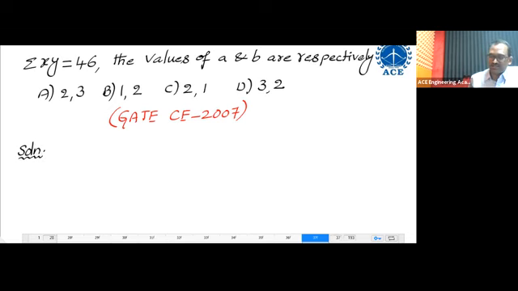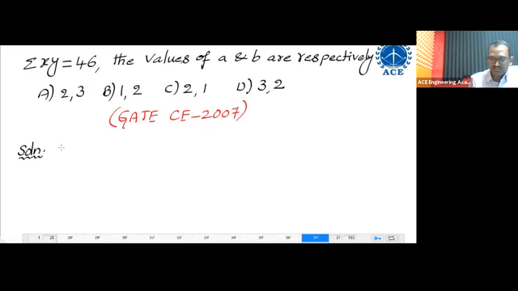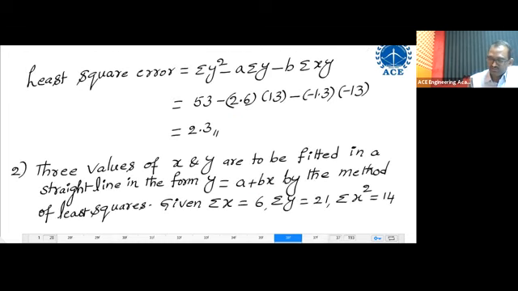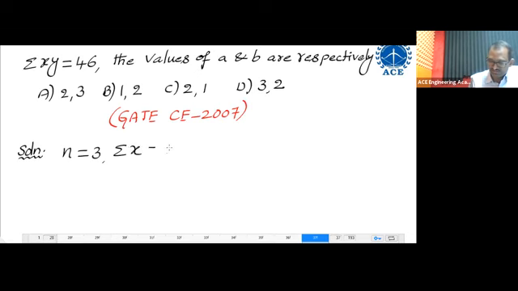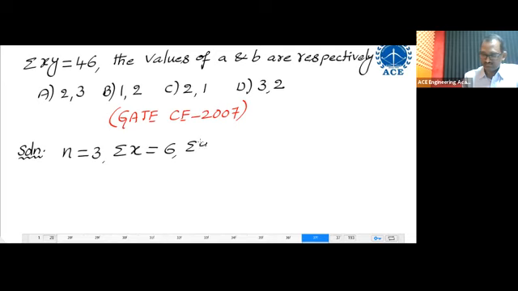Luckily, we were given the data. Look, n value 3. N means number of values of x and y, so 3 values, n is equal to 3. Sigma x is 6, sigma y is 21, sigma x square is 14, sigma xy is 46.